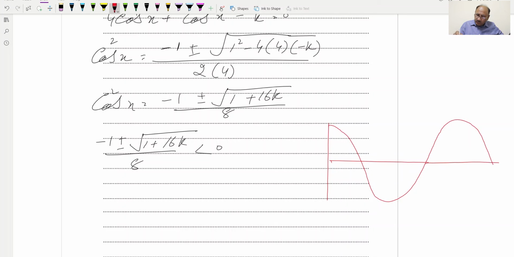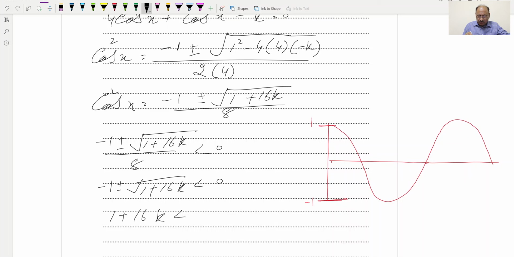This is the extreme value, and this is also the lower extreme value: 1 here, and this is minus 1. So it varies from 1 to minus 1. At 0, we can find this. If we take the positive value, minus 1 plus the square root of 1 plus 16k will be less than 0, and then we can write it as 1 plus 16k is less than 1.